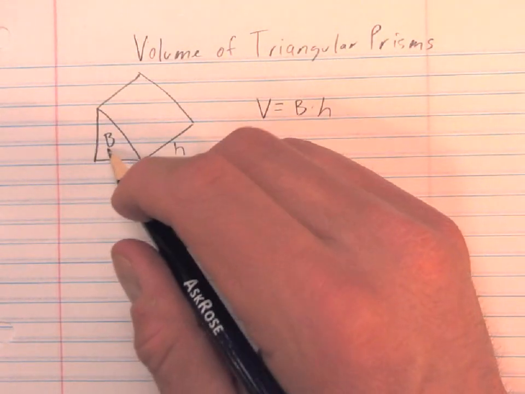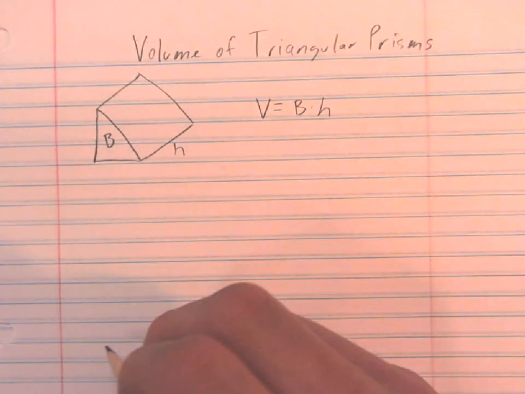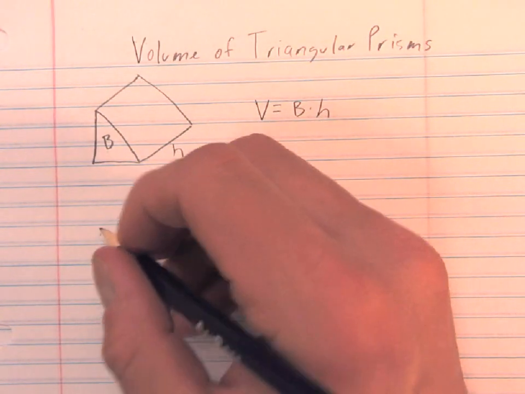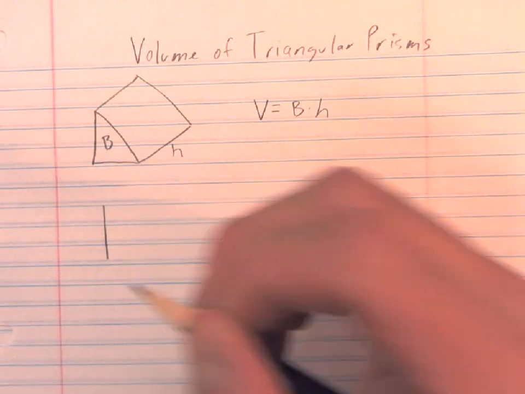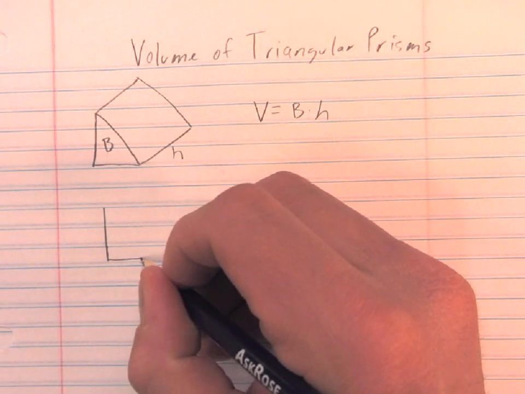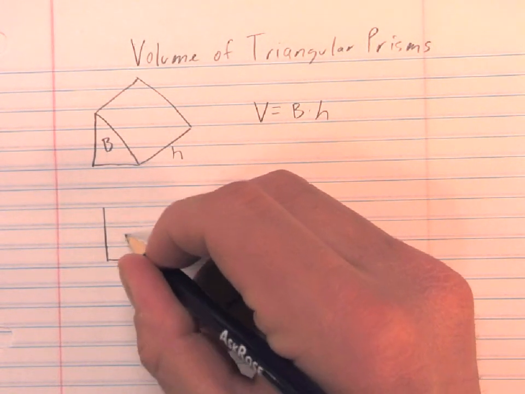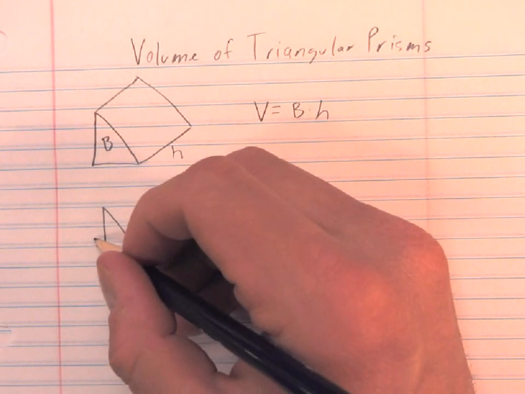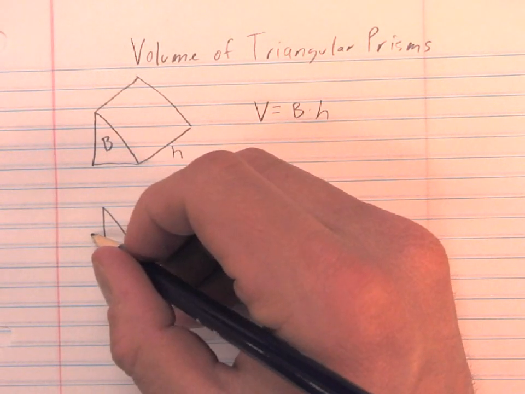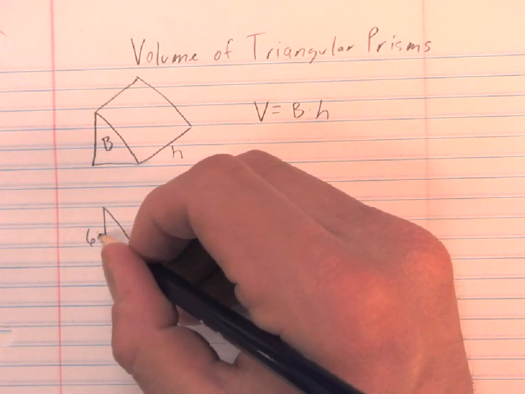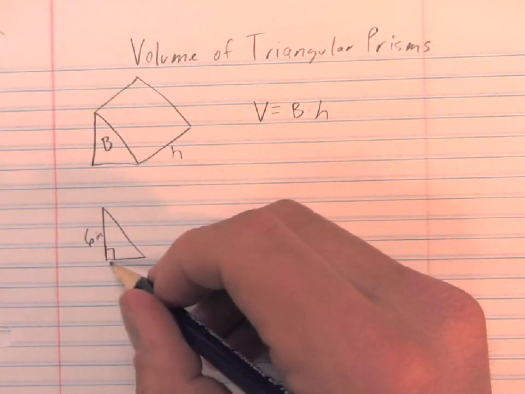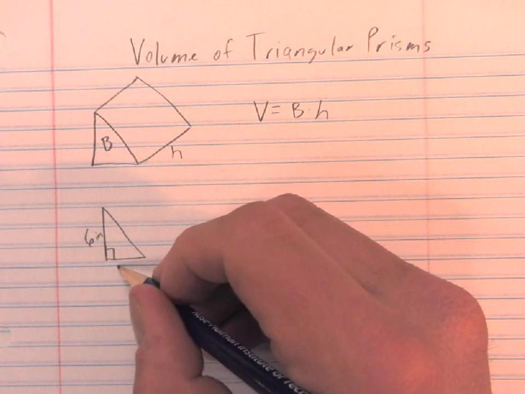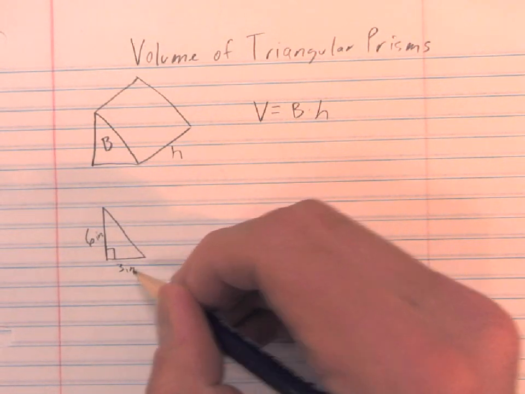So in this case, if I were to give you measurements for this triangular prism, let's draw a new one here. This is a right angle, which means the height of this triangle will be 6 inches, and the base of it here, going from the peak down to the base, is 3 inches.